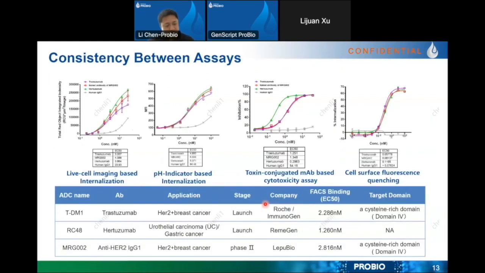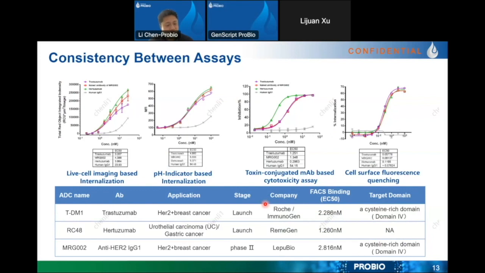So with all of these four options on hand, people will naturally wonder which one should I trust, right? To answer this question, we did a side-by-side comparison of these four assays using three ADCs. Two of them are already launched, while the third one is still in phase two.